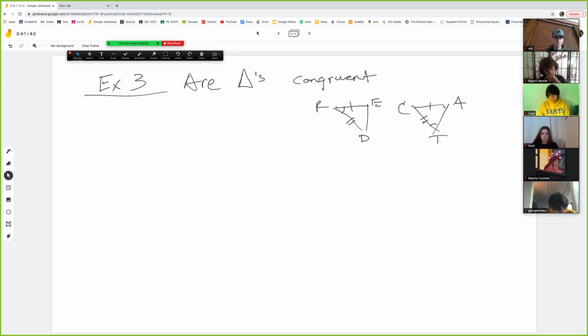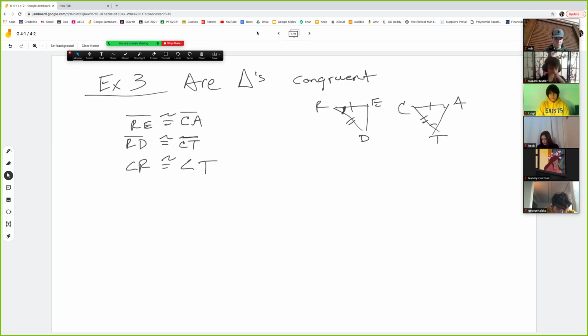We have RE congruent to CA. We have RD congruent to CT. Okay? Now, the question is, we have this angle R congruent to angle T, okay?